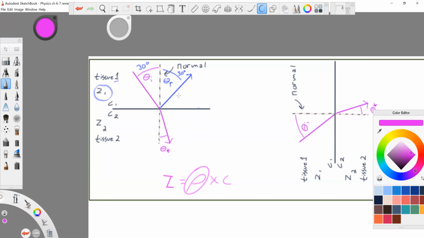But it would probably be a pretty small change, because to have a different density and the same speed of sound, it would probably be a small change in density, so only a small percentage, less than 1%, is actually pretty typical.